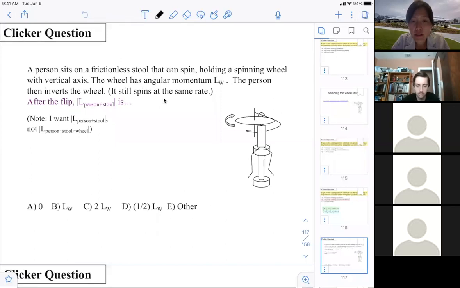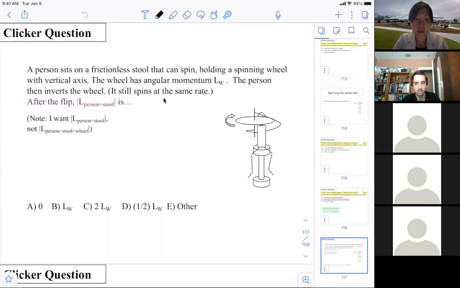Last week, we ended on looking at one of the demos where someone was sitting on a stool holding a bicycle wheel that was spinning. By flipping the wheel upside down, the person and the stool start spinning the other way.